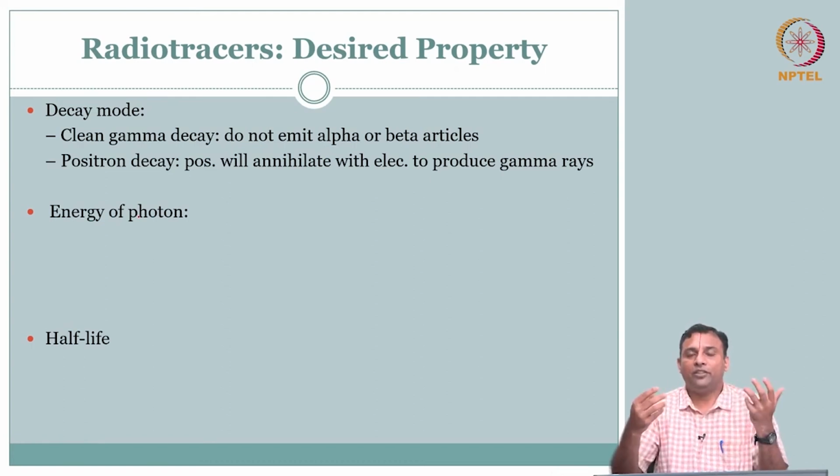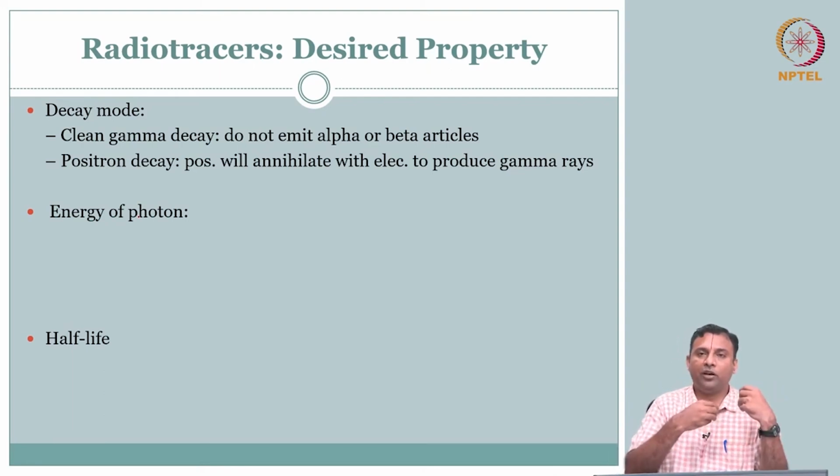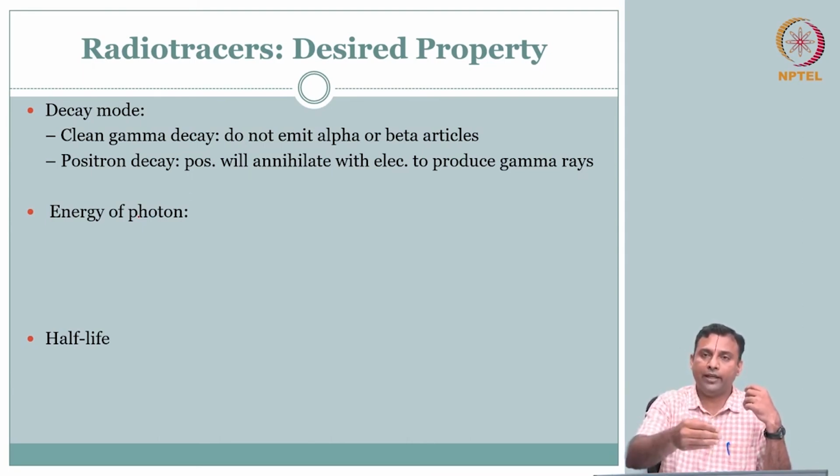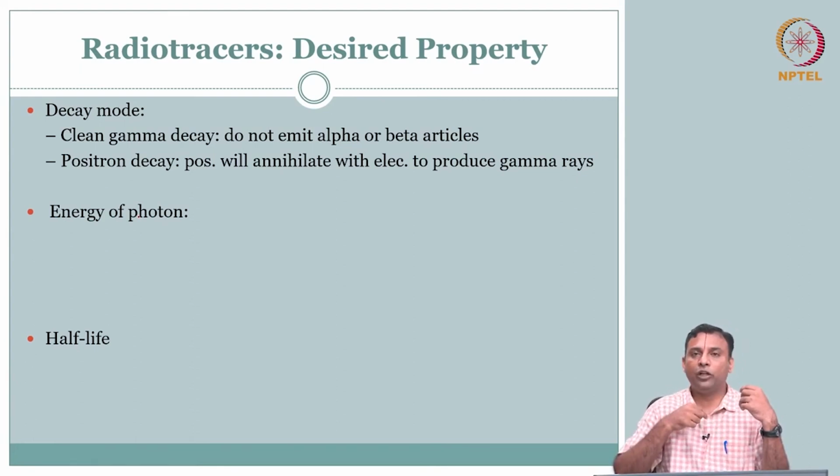Well, it shouldn't. We want the photon wherever the radioactivity is inside the body. If it decays and sends the gamma photon out, we should be able to catch the photon and say it came from this location and this is how much is coming. So we are not really interested if it is going to get attenuated along the path. That is not good for us.